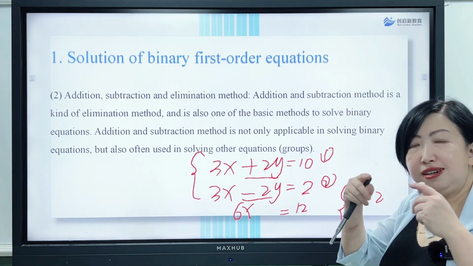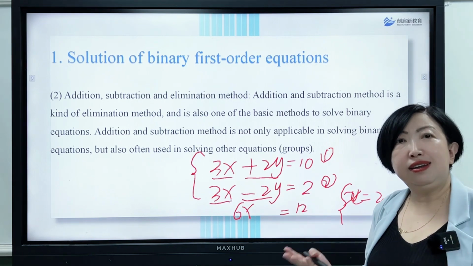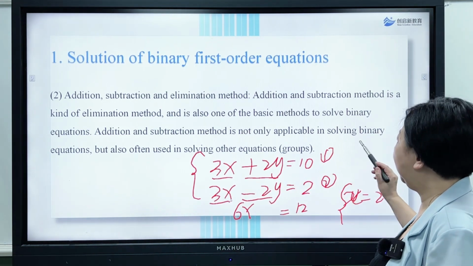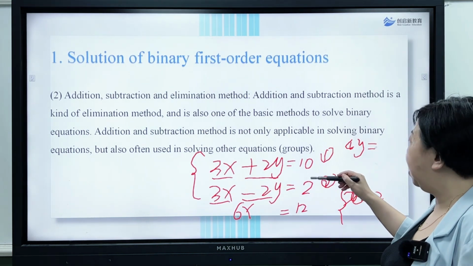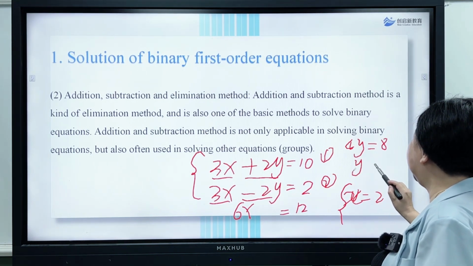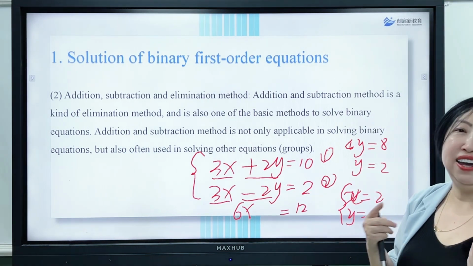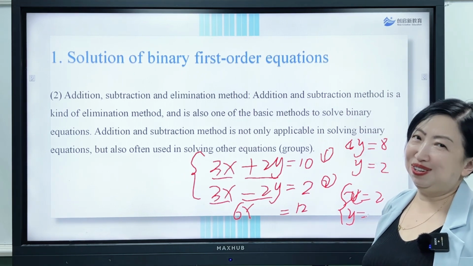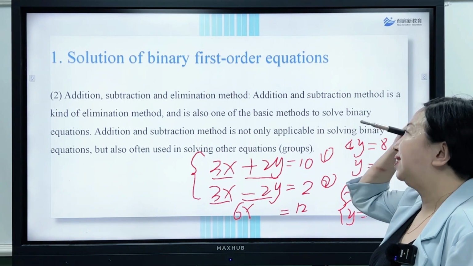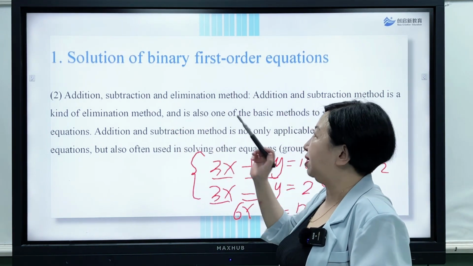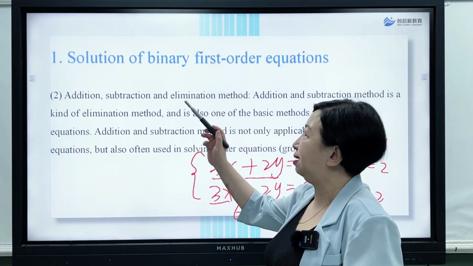Here the x terms are 0, and 4y equals 8. Of course, y equals 2, and the value is x equals 2, y equals 2 also. We can find the value. This method, we call the addition or subtraction elimination method, or we call it the addition subtraction method.